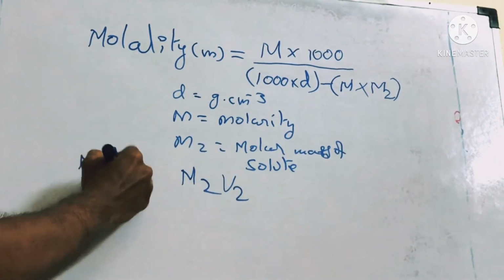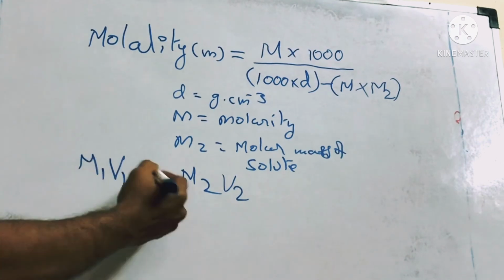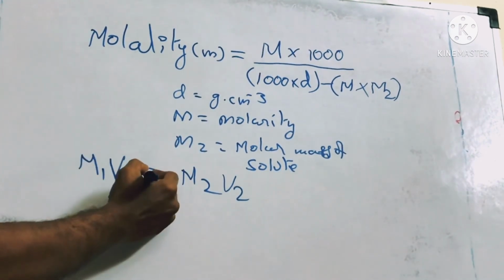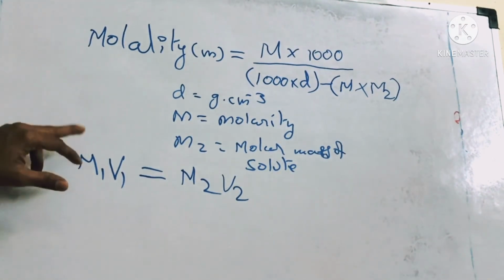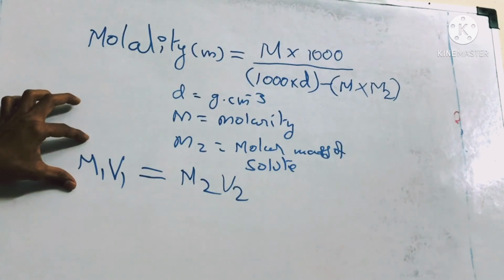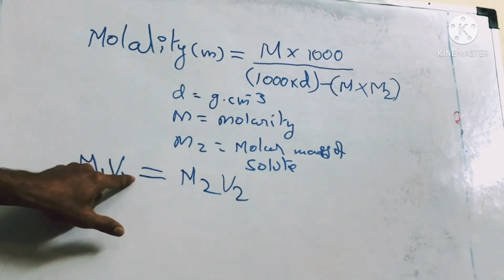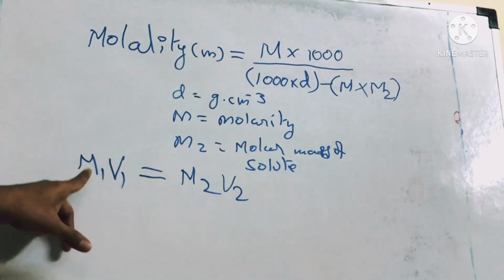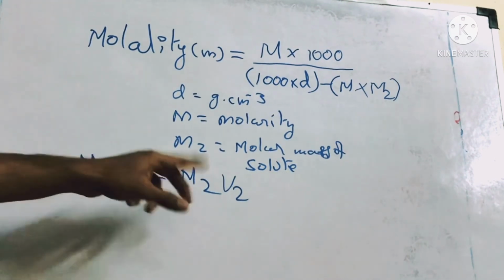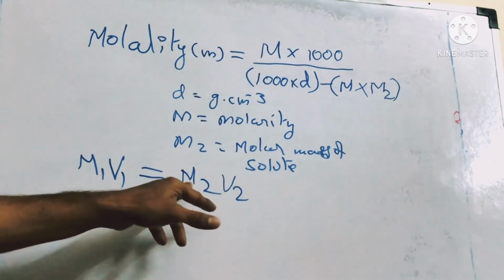So for that you want to get V1. So the relation between these two is M1 V1 equal to M2 V2. You can use this particular equation, like molarity of one solution, molarity 1 and its volume V1. If I take V1 ml of this molar solution, then I can make V2 ml of this molar solution.